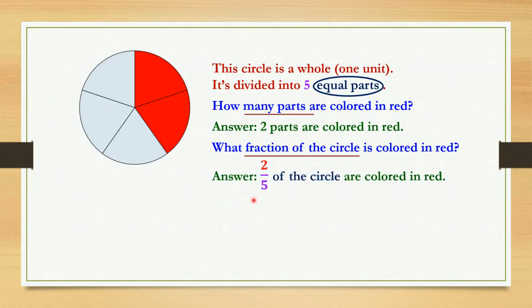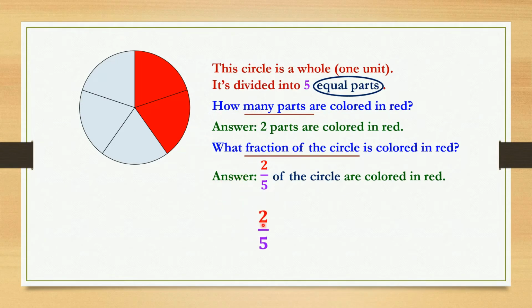So the answer here: 2 parts out of 5 parts are colored in red. So we write 2 over 5 of the unit. So here, from now on, be careful. What is the question about? Is it about finding the fraction or only the number of parts?